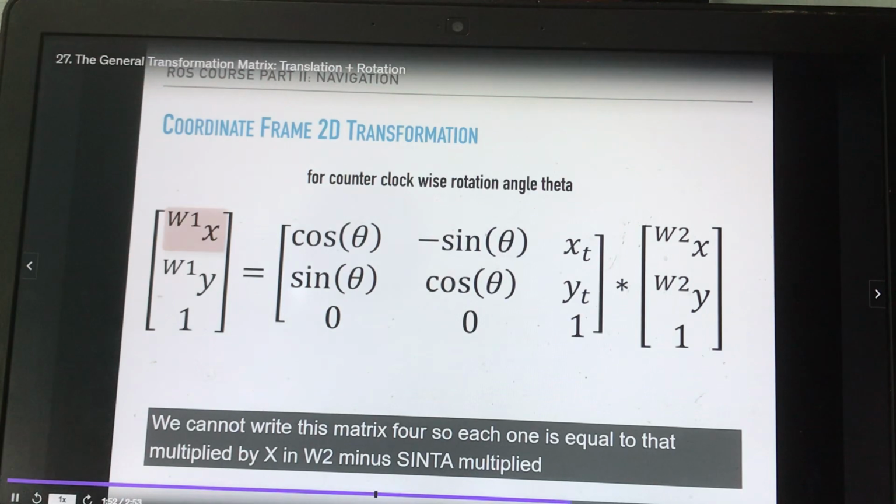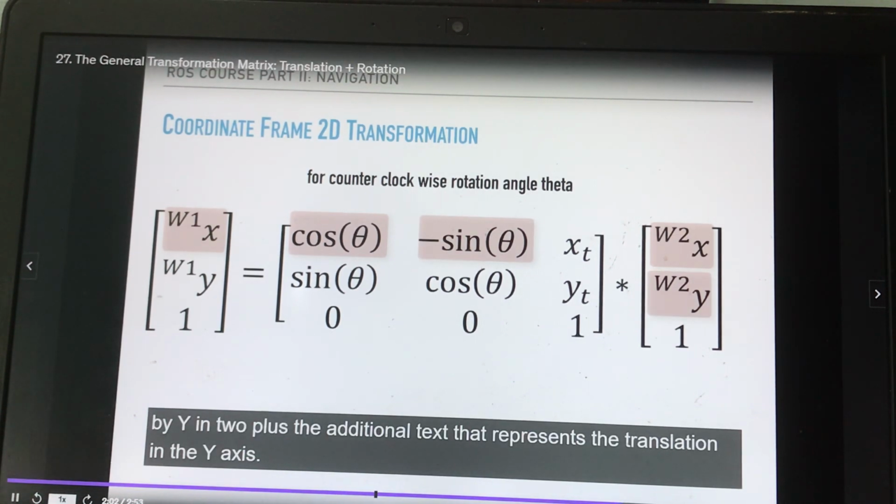So, x in W1 is equal to cos theta multiplied by x in W2 minus sin theta multiplied by y in W2 plus the additional xt that represents the translation in the x-axis.